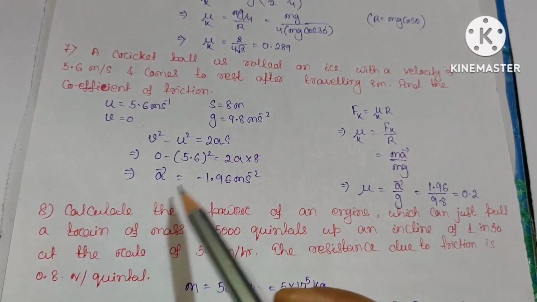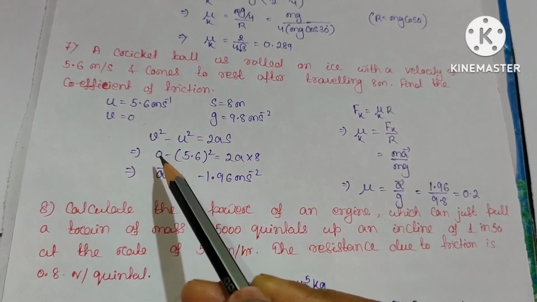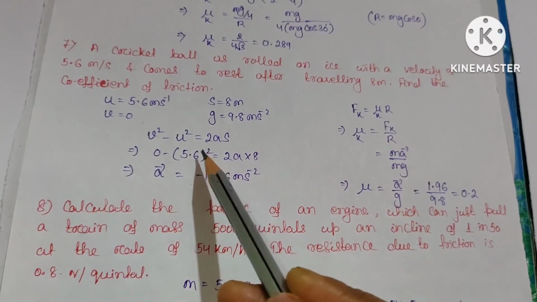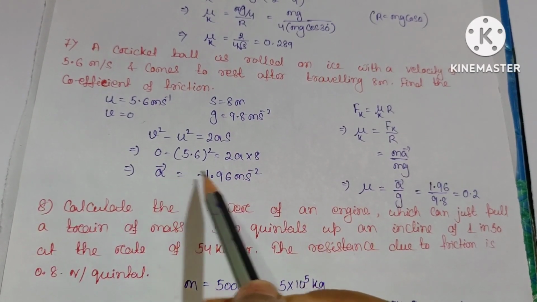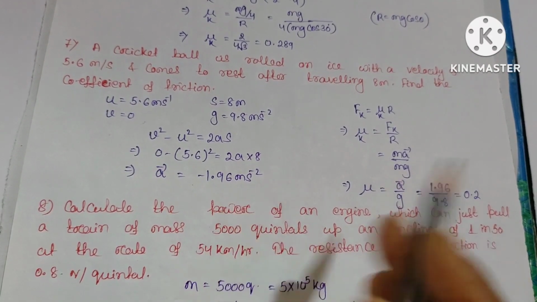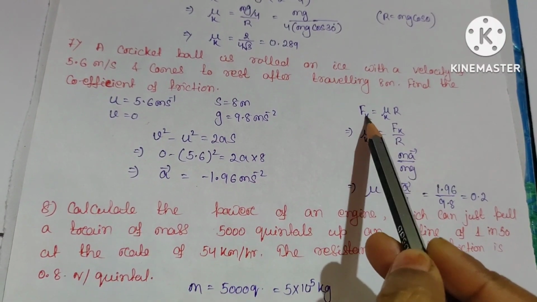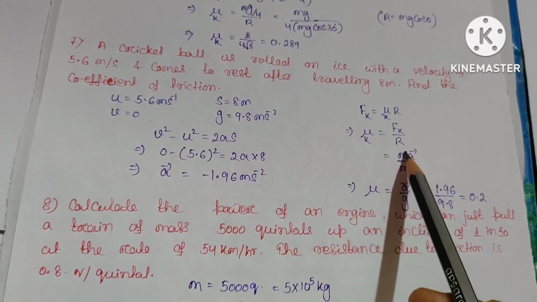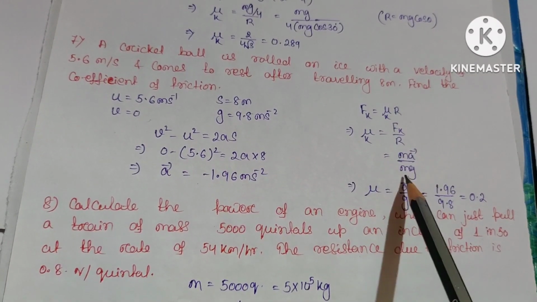From this you can calculate the acceleration, v square minus u square equals 2as. V is 0, u is 5.6 whole square equals 2 into acceleration into 8. After calculation we get the retardation, 1.96 meter per second square, the minus sign indicating retardation. Here the kinetic friction is μk into R, or μk will be Fk by R. Fk is mass into acceleration and R is mg.